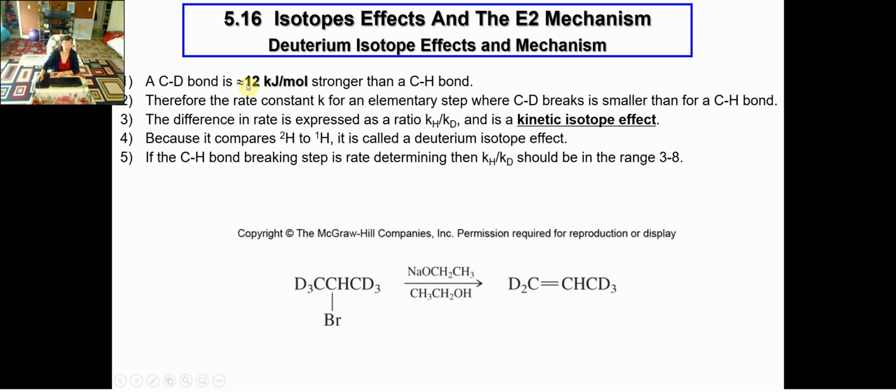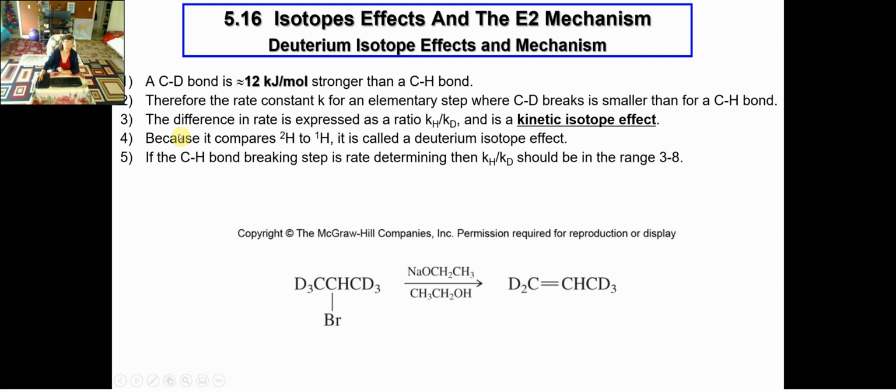This bond has approximately 12 kilojoules per mole more bond energy compared with the carbon-hydrogen bond. Therefore, the rate constant for the elementary step where you break the carbon-deuterium bond will be smaller than for the carbon-hydrogen bond, because the carbon-hydrogen bond is weaker than the carbon-deuterium bond.